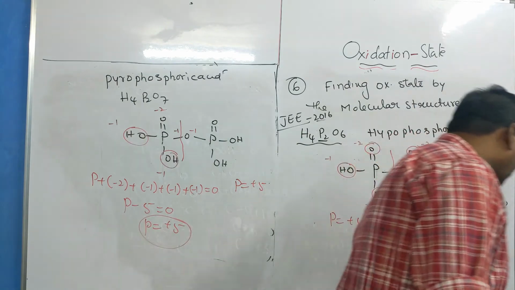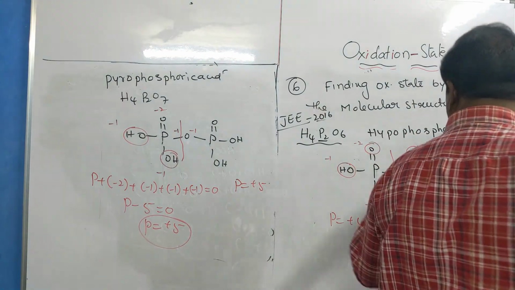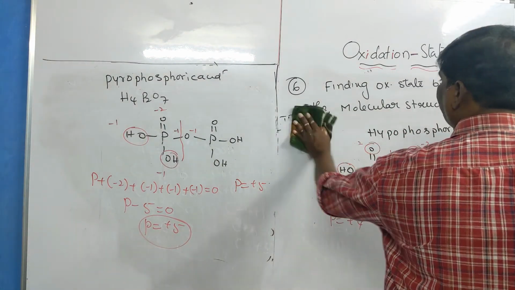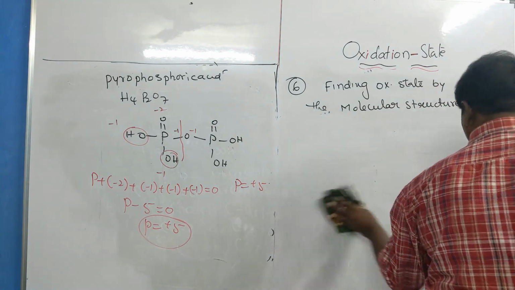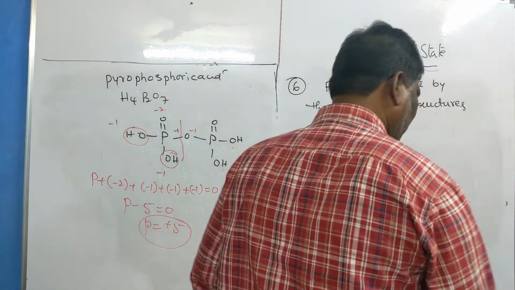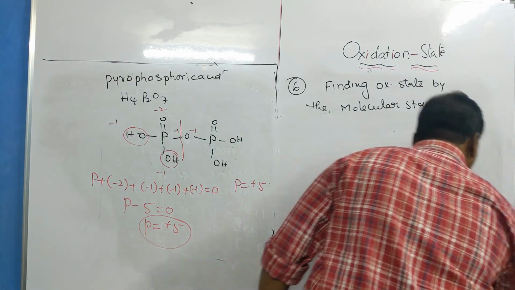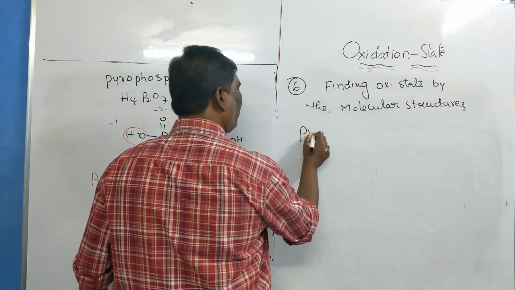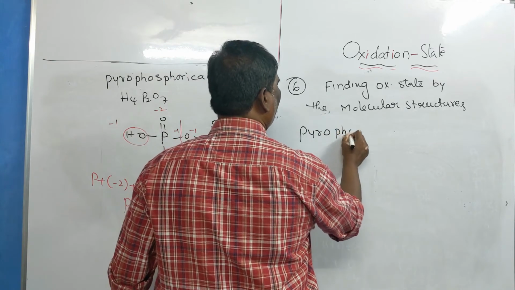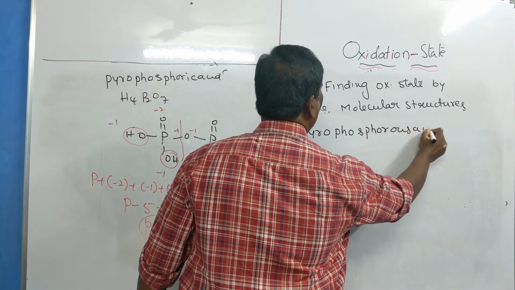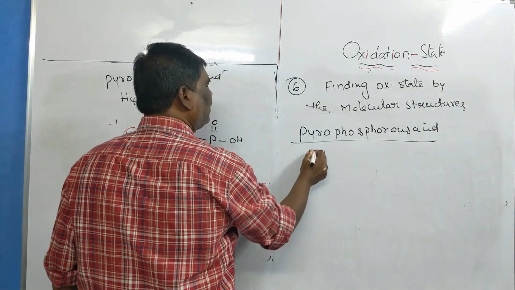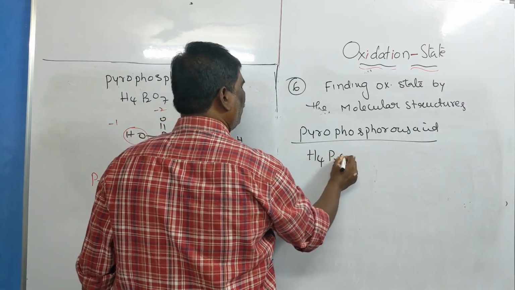One more question on phosphorus molecules, that is pyrophosphorous acid. Of course, you discuss these acids in your second year syllabus. The formula is H4P2O5.